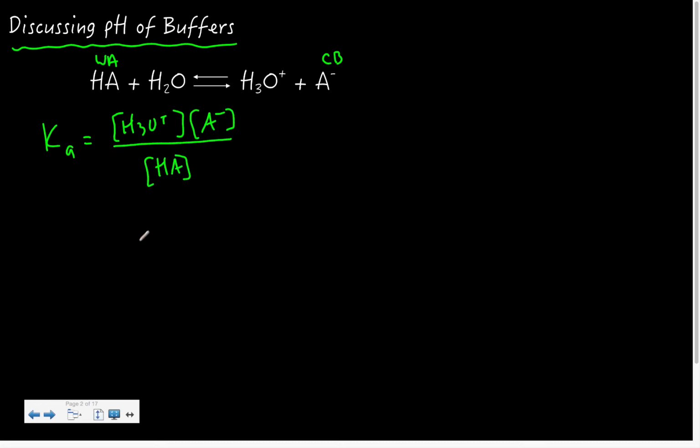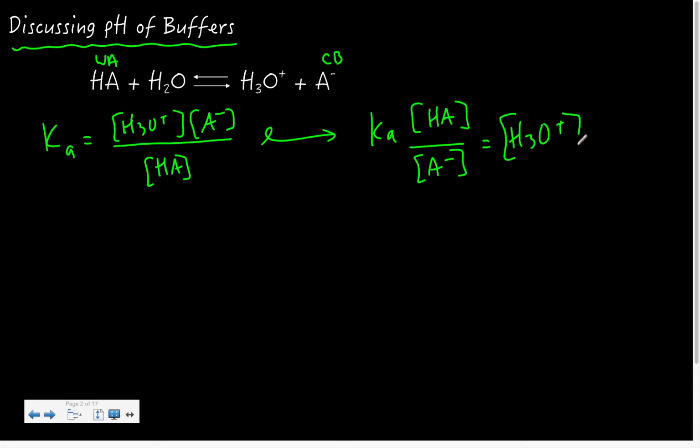That's my Ka expression. Now, if I rearrange that just a little bit, I can rearrange it so that it says Ka times HA over A minus gives me H3O plus. So all we did was rearrange it. We brought that up, brought that down, and it gives us this version of it.